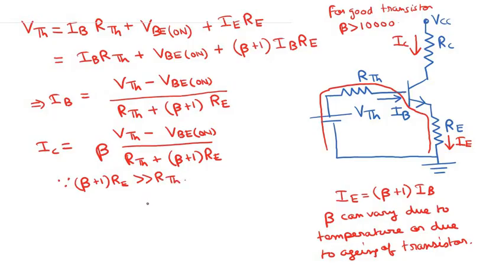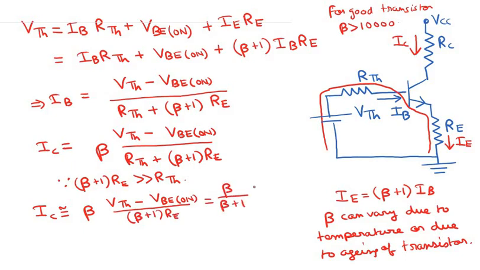So if beta plus 1 RE is much greater than RTH, then IC, the collector current, is approximately equal to beta times VTH minus VBE on divided by beta plus 1 RE. So this is equal to beta divided by beta plus 1 times VTH minus VBE on divided by RE.